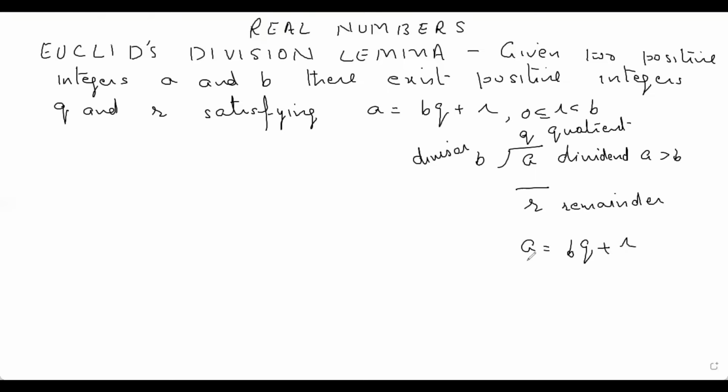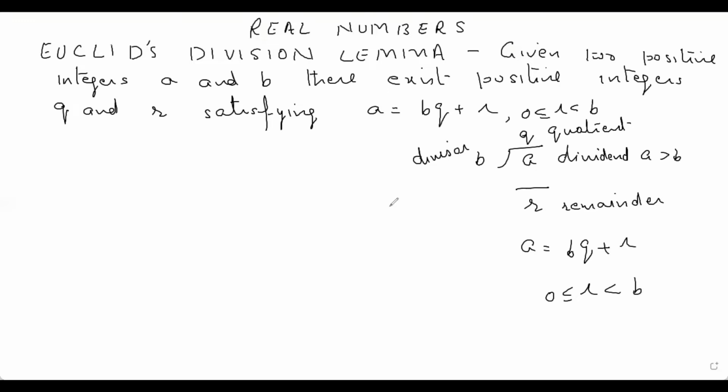We will get a. And this remainder is always less than this b. Remainder can be 0, but the remainder is always less than the divisor. It means the remainder lies between 0 and b.